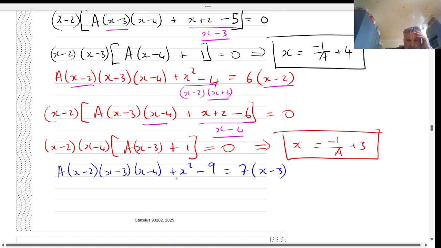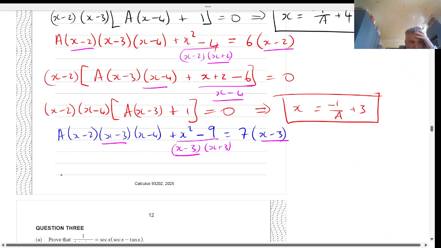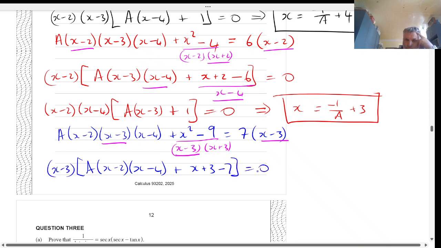This time, x squared minus 9 is (x − 3)(x + 3), common factor. This time x − 3, so we take that out. (x − 3) times a(x − 2)(x − 4) plus (x + 3), and then take away 7 equals 0.